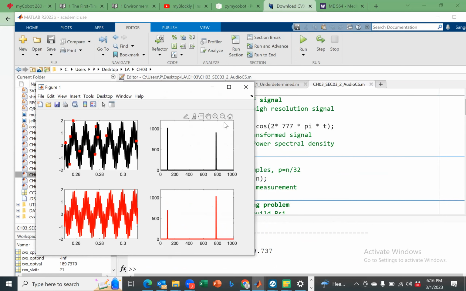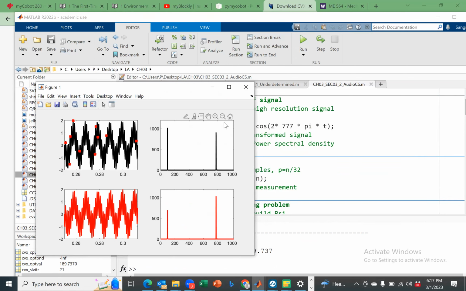Now, what I want you to understand is this is the original signal that is constructed by combining those two signals. You have a slowly varying signal and you have a signal that varies quickly. When you combine these two signals, you get a signal of this form.